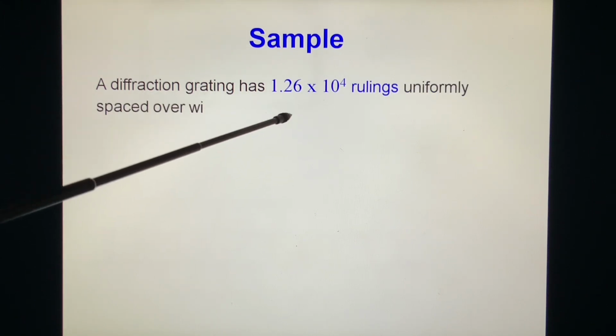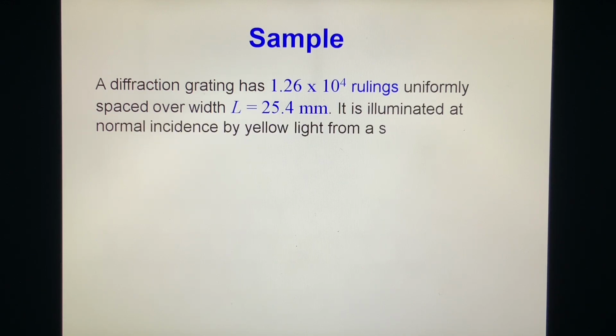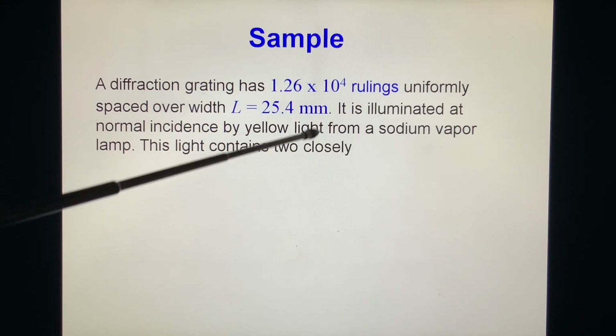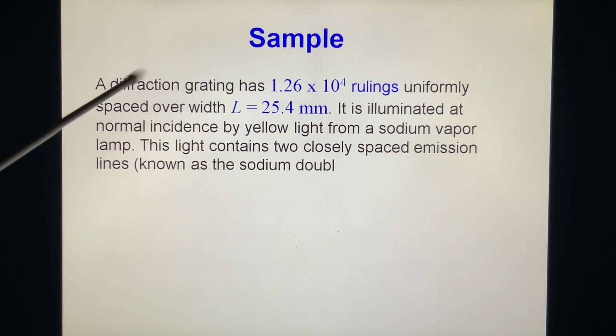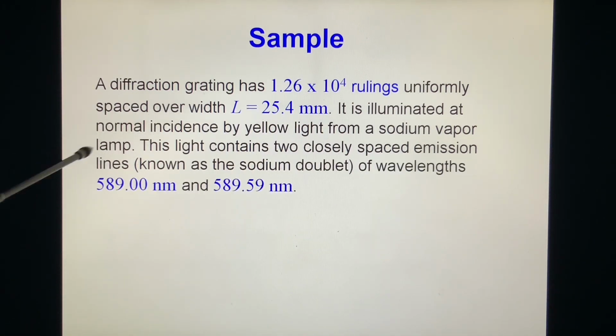Sample. A diffraction grating has 1.26 times 10 to the 4th rulings, uniformly spaced over 25.4 millimeters, 1 inch. It is illuminated at normal incidence by yellow light from a sodium vapor lamp.